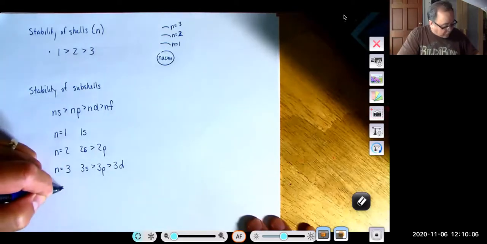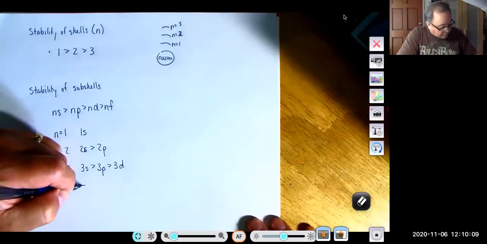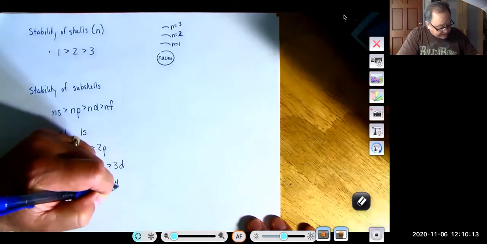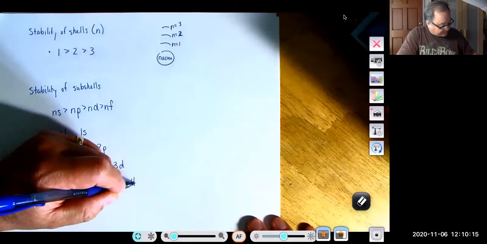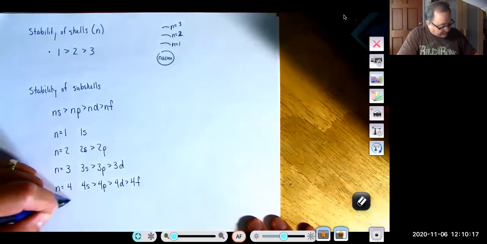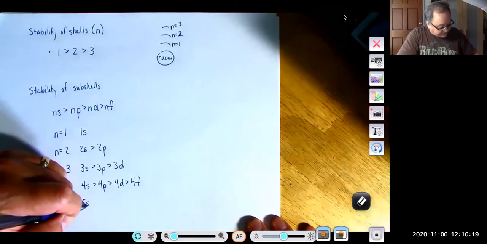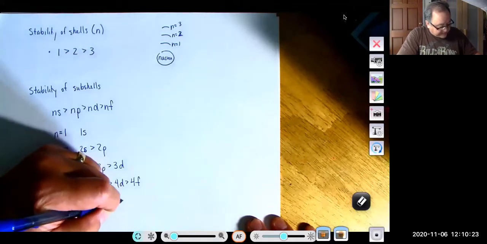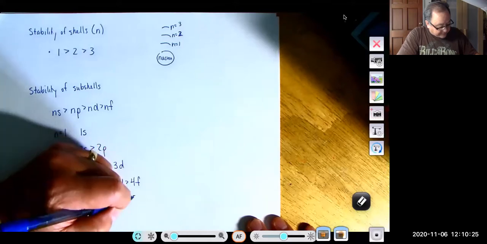For n equal 4, there's a 4s, a 4p, a 4d, and a 4f. And for n equal 5, there's a 5s, 5p, 5d, and there is a 5f.